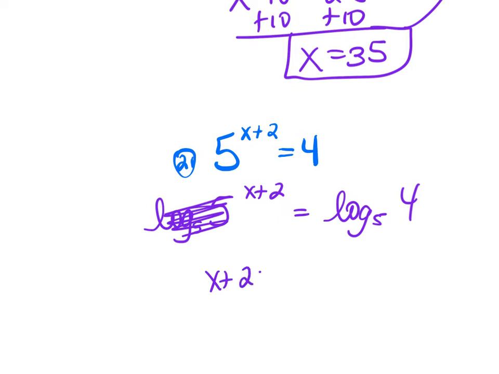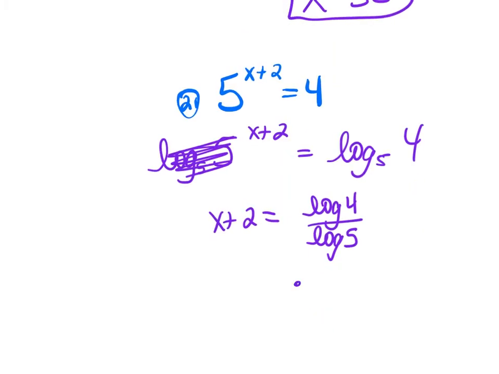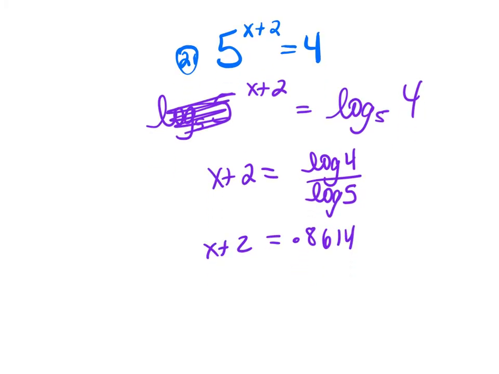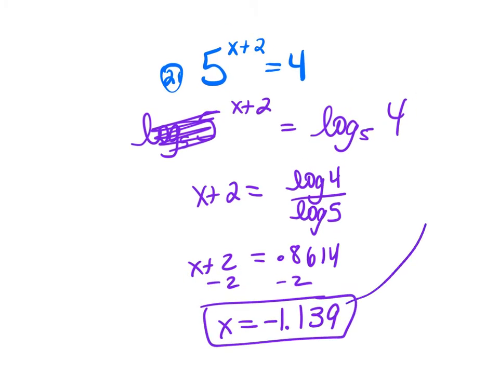You have x plus 2 equals, in your calculator, you would say log 4 divided by log 5, which will give you about 0.8614. We're going to subtract 2 from both sides, and we'll get x equals about negative 1.139. And again, you can take this answer, plug it right back in there, and you should get something really close to 4 when you check your answer.